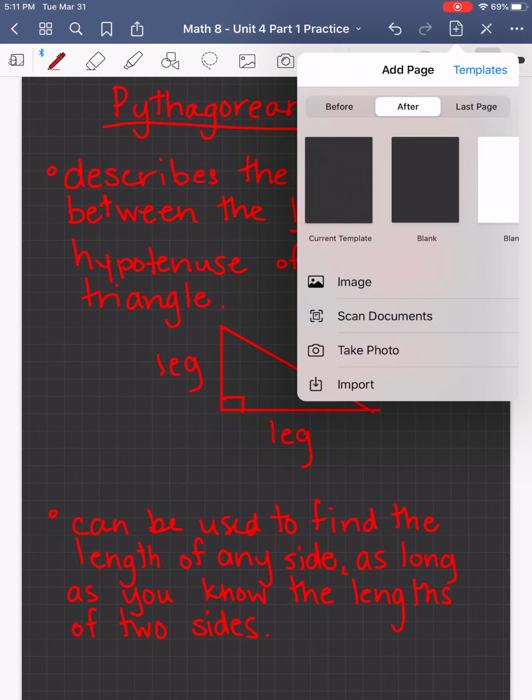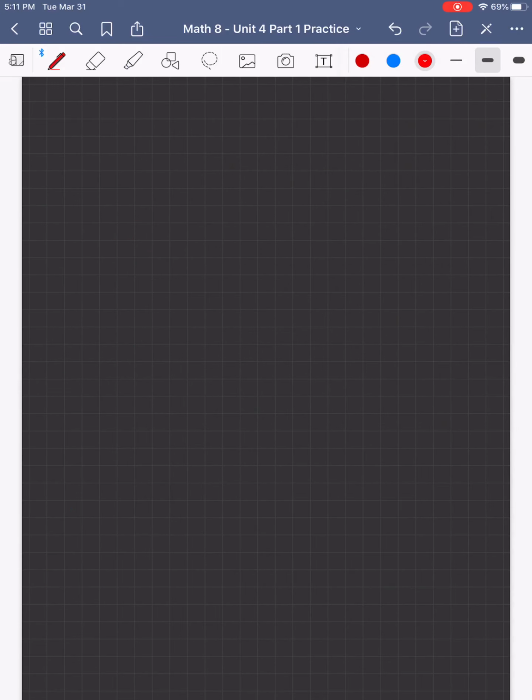And it can also be used to determine if a triangle is a right triangle.